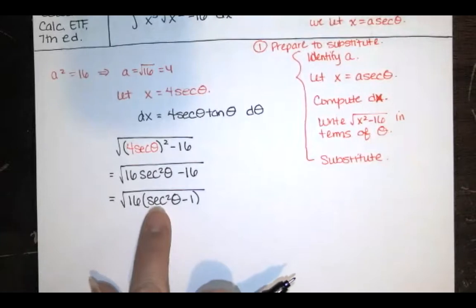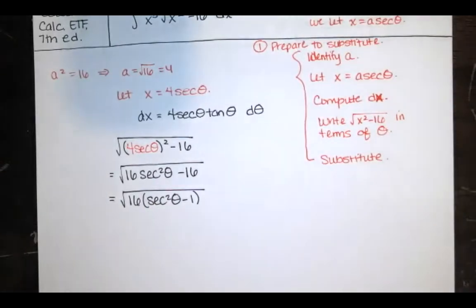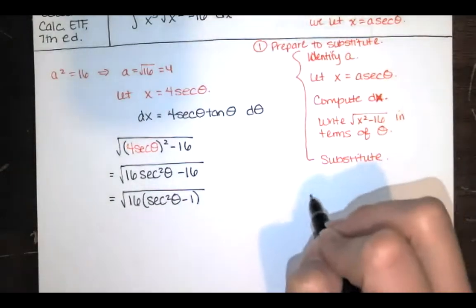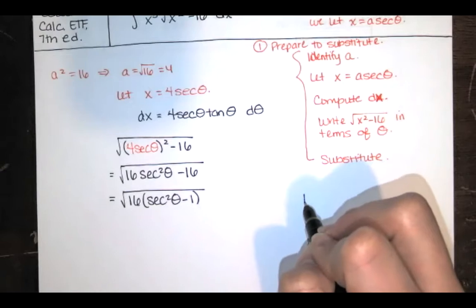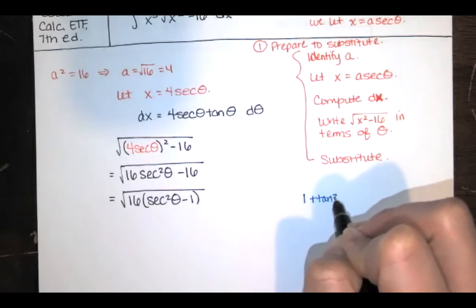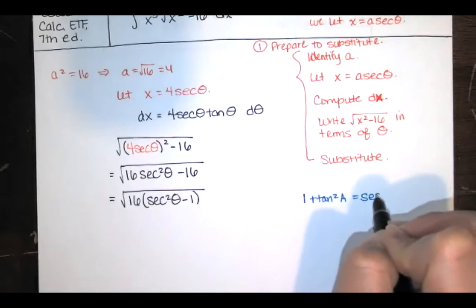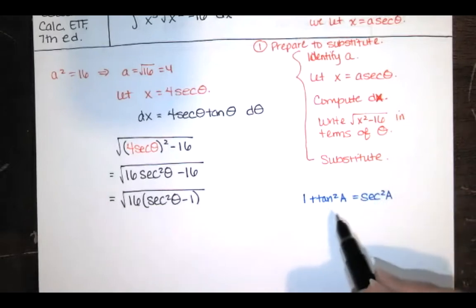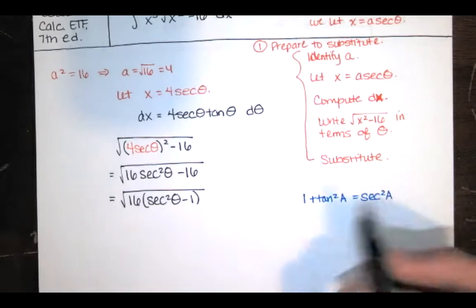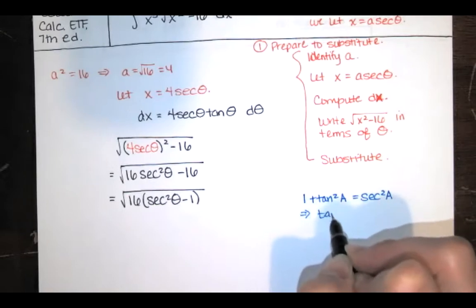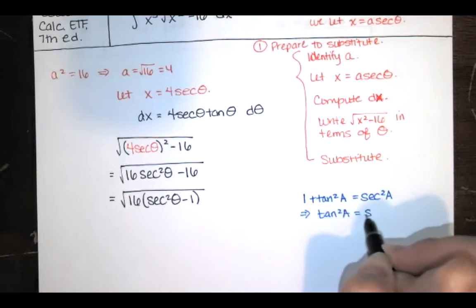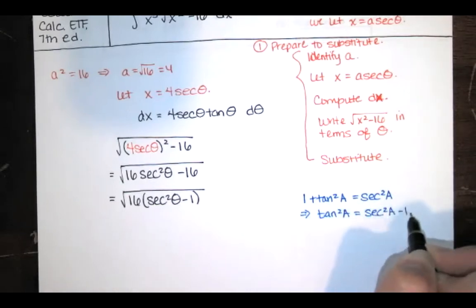And then this is actually tangent squared theta, because we've got this Pythagorean identity. Remember, 1 plus tangent squared of some angle turns out to be secant squared of that angle. So if I subtract 1 from both sides, I find out that tangent squared of the angle is equal to secant squared minus 1.